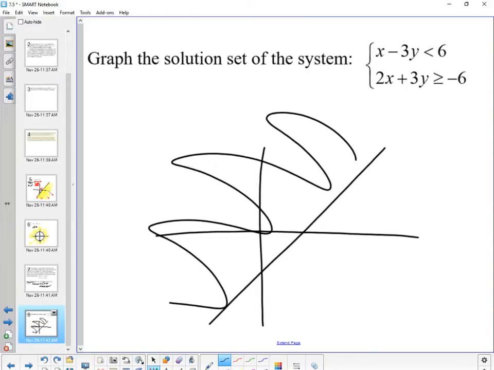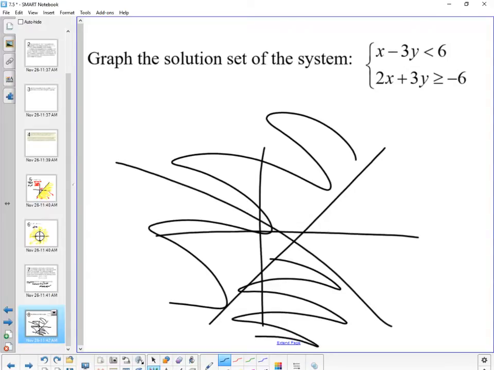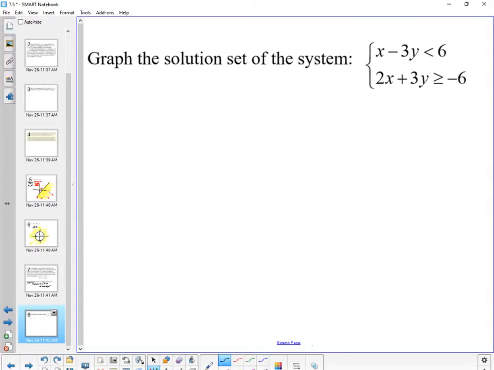Then you go back and do the other one, and it might give you more than what you're looking for. In some cases, it's a small section. Sometimes it is the whole thing. So do the whole thing on paper, then go back and fill in whatever you need to fill in.